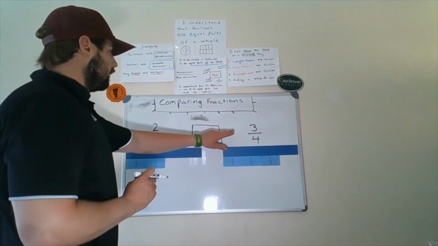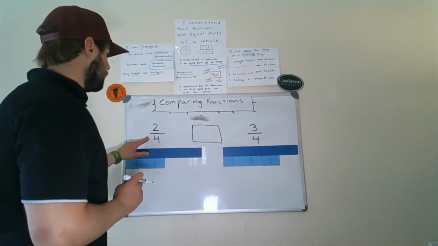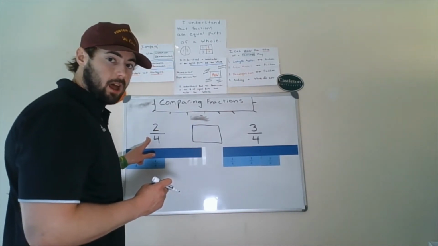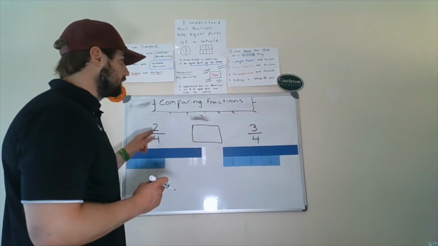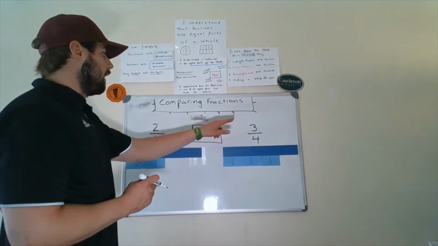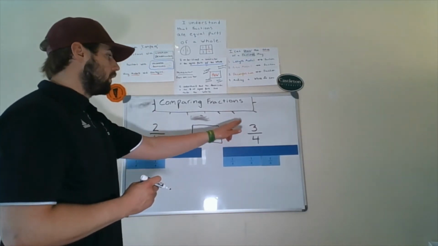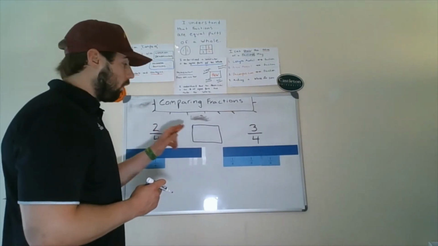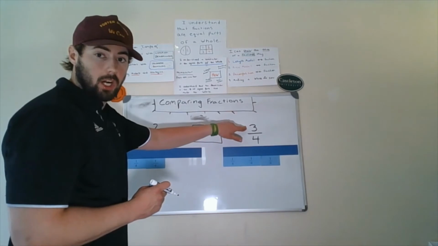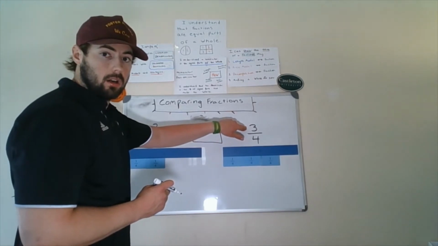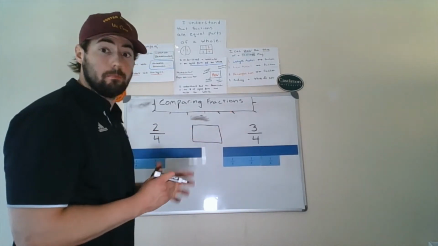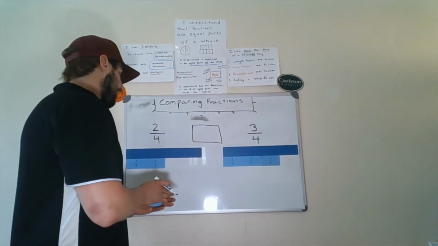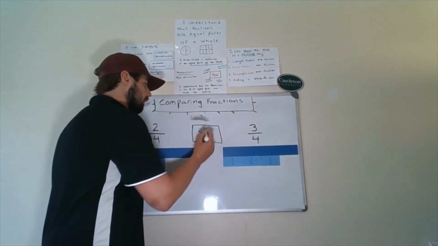Well, the parts that make the whole are the same. They're the common denominators. But when our value in our numerator changes, or when it has a greater numerator, it has more parts, it has a greater value.